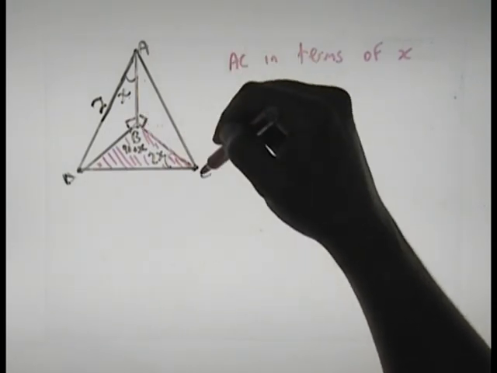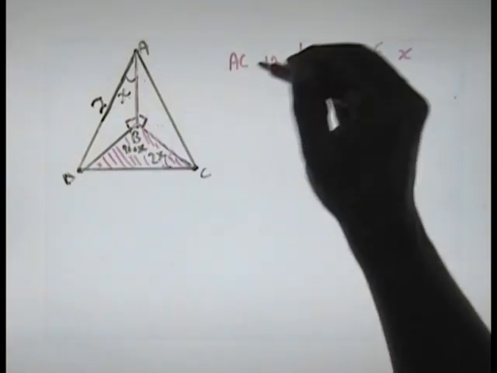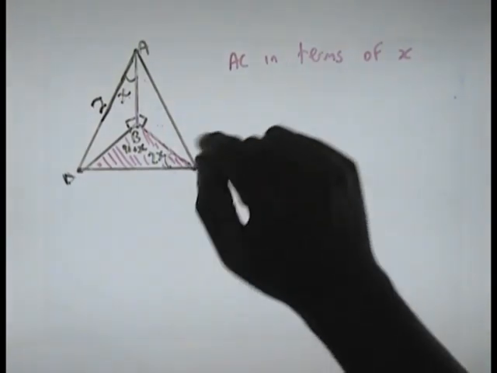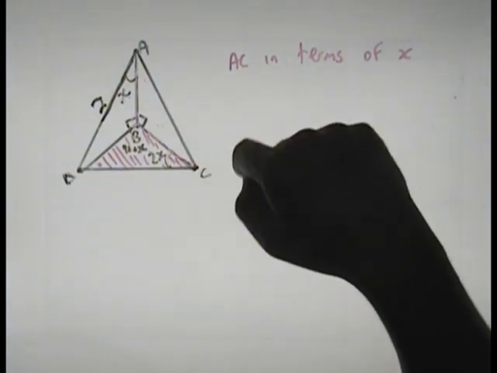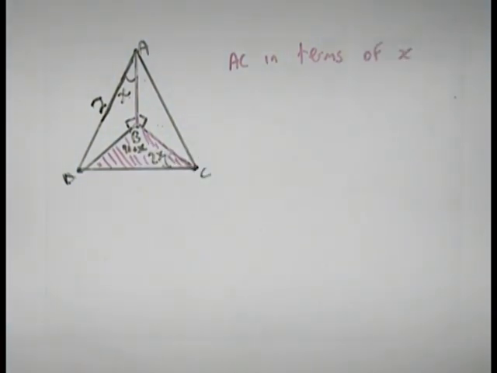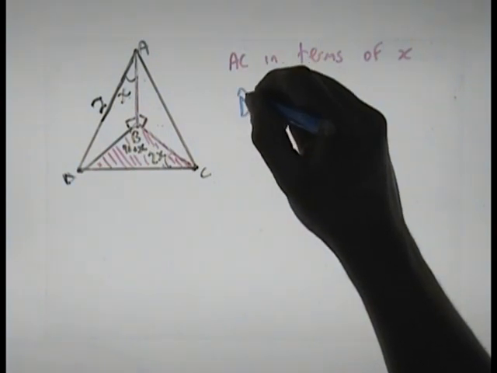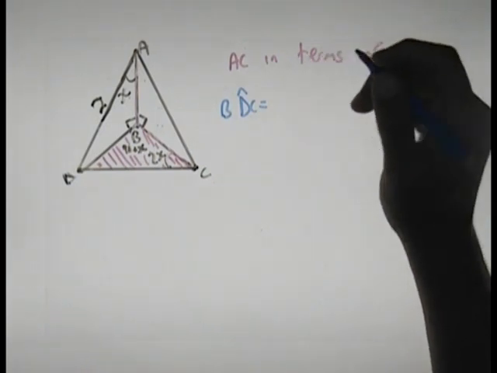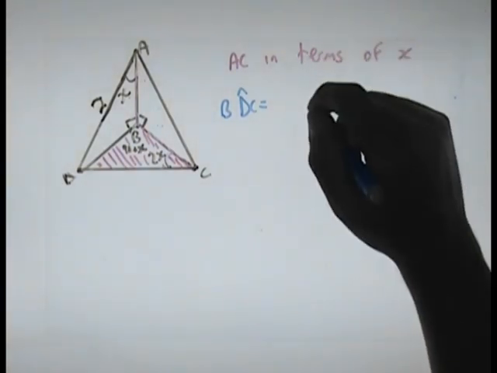Remember that ABC is 90 degrees, ABD is also 90 degrees. Angle B is 90 plus x degrees, angle C is 2x degrees. Let's start off by looking at angle D. By the way, this is BDC, all in the horizontal plane.